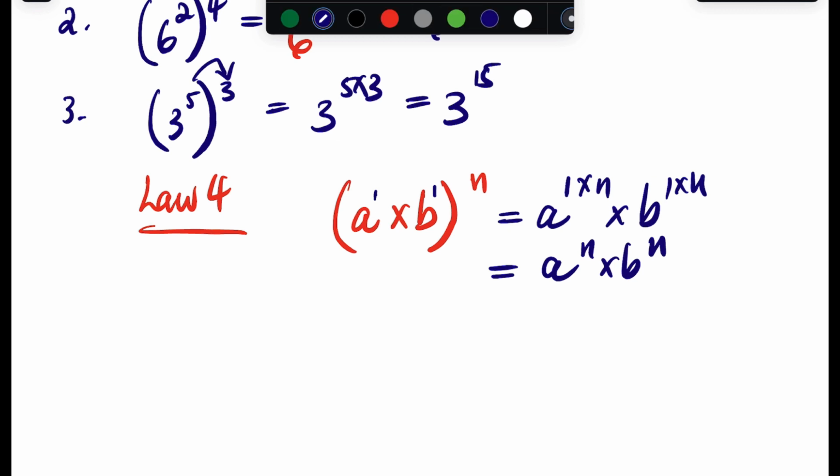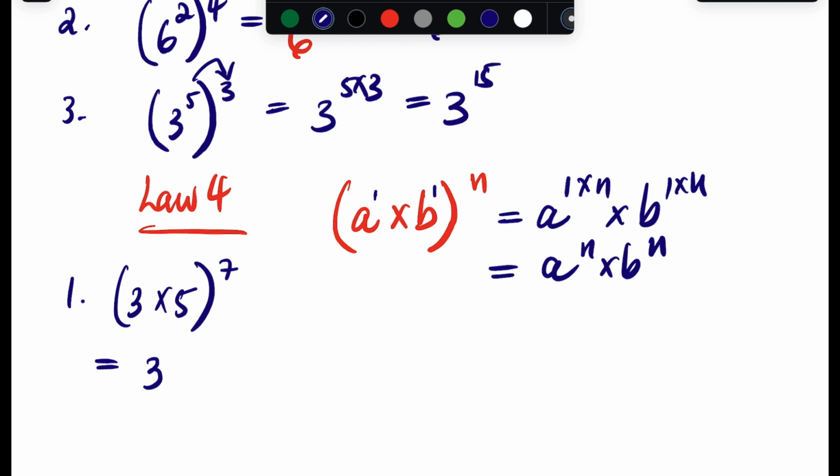Let's take an example now. So let's say we have 3 times 5, all to the power 7. So what are we going to do here?